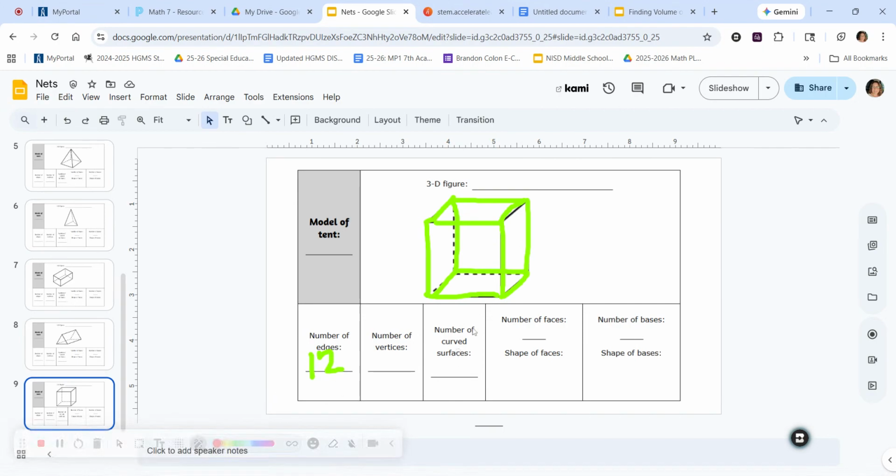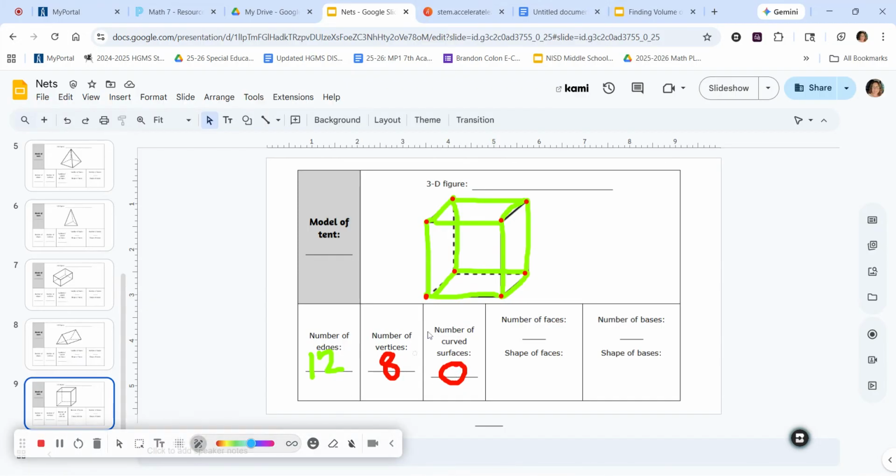The number of vertices. 1, 2, 3, 4, 5, 6, 7, 8. There's 8 vertices. There's no curved surfaces.